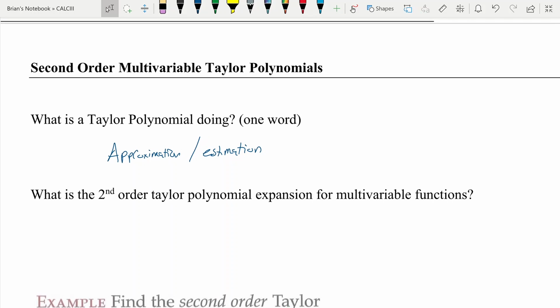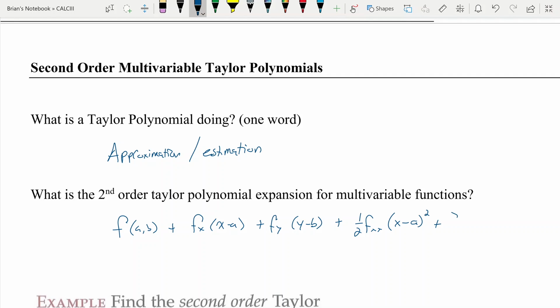Second order Taylor polynomial expansion for multivariable functions. Remember, we can do it for a single variable function, but for multivariable functions, it's a pretty simple formula. It's just f(a, b) plus fx times (x minus a), if you remember that from Calc 2, plus fy times (y minus b), plus 1/2 of fxx times (x minus a) squared plus fxy times (x minus a)(y minus b), and then plus fyy times (y minus b) squared.